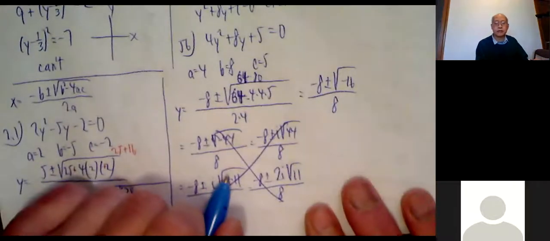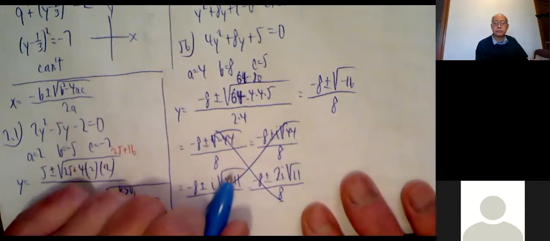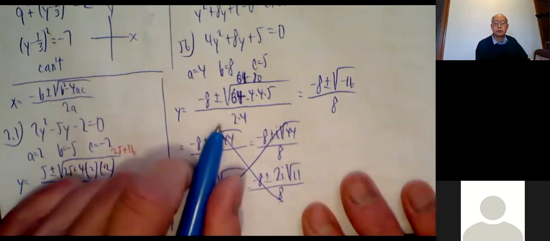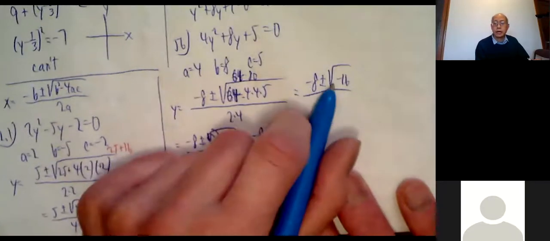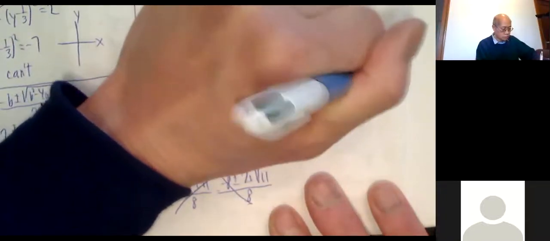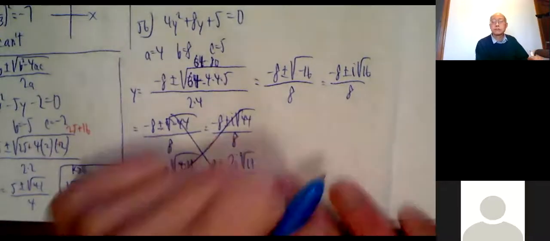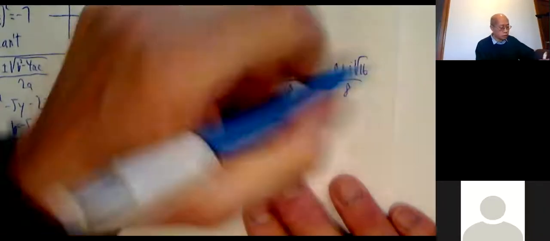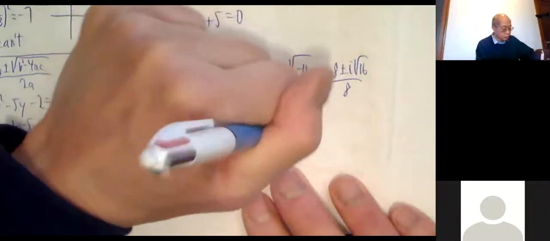Then I don't have to do all this stuff. And that becomes an i. Square root of 16 is 4. So we're not completely out of the woods, but we're getting there.